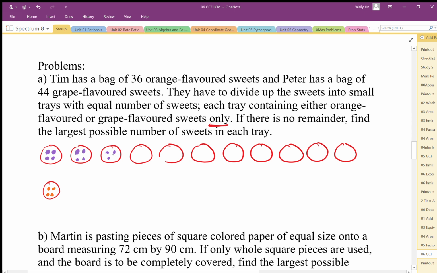And then it looks like I would have 9 trays for my orange flavored. Okay, so I'm going to try to do this quickly, but there it is. There's my 44. 1, 2, 3, 4, 5, 6, 7, 8, 9, 10, 11. And then I should have 9 trays.